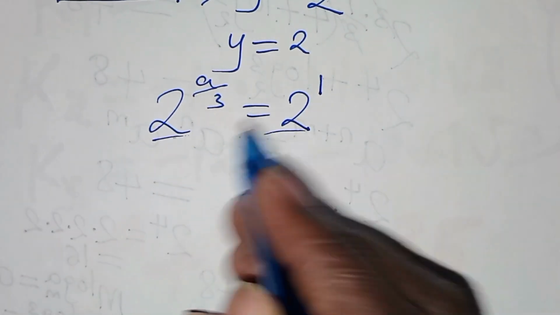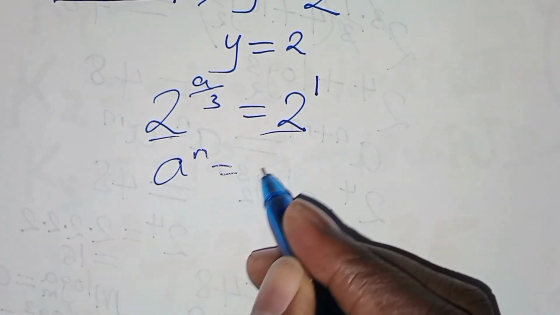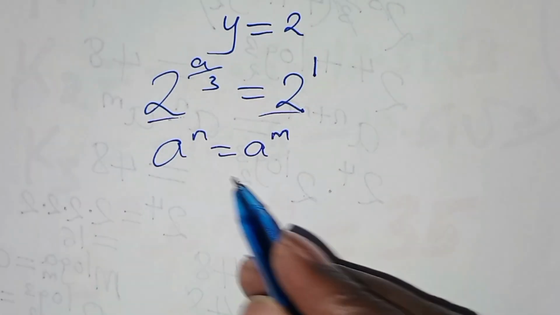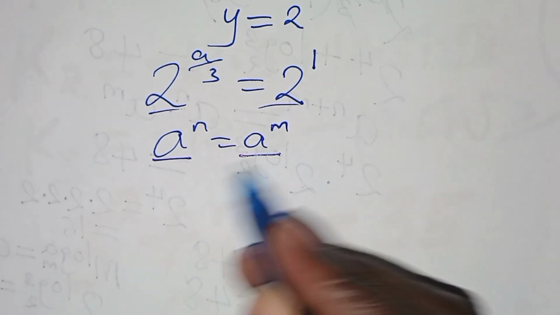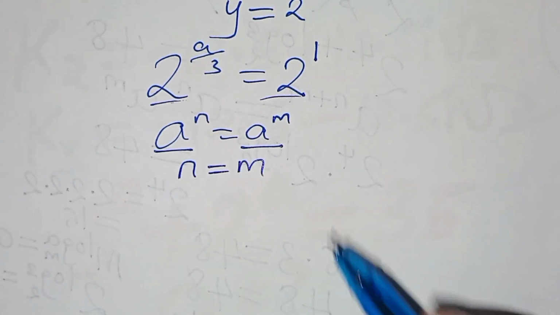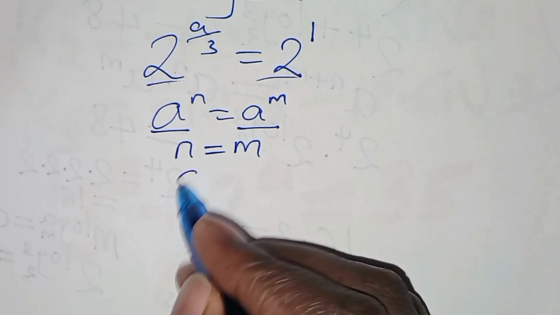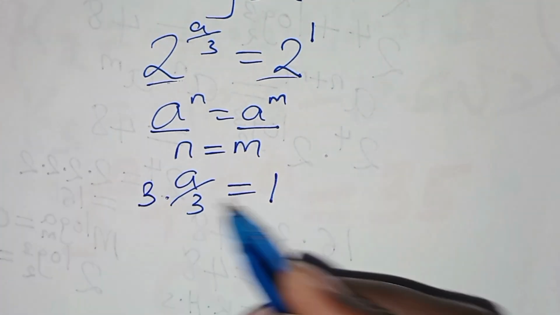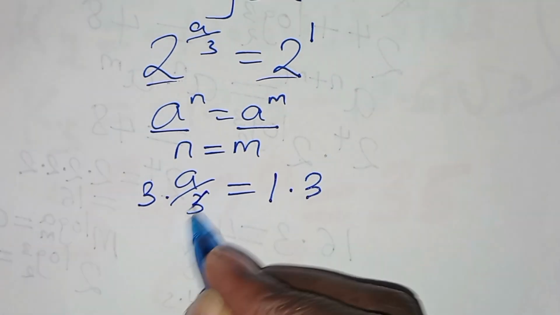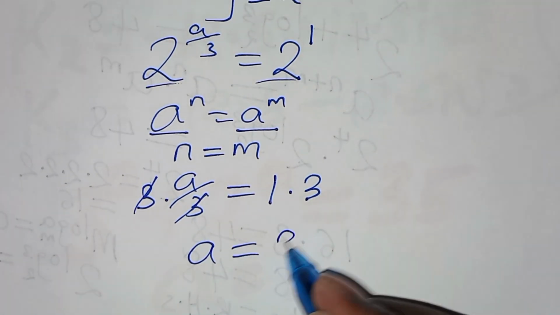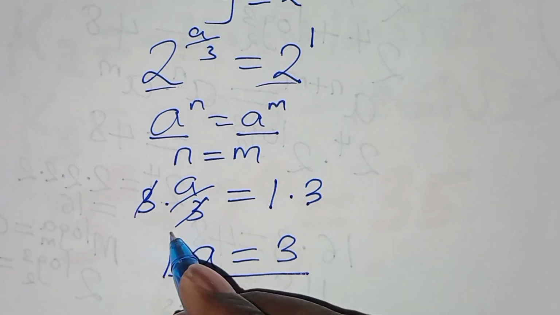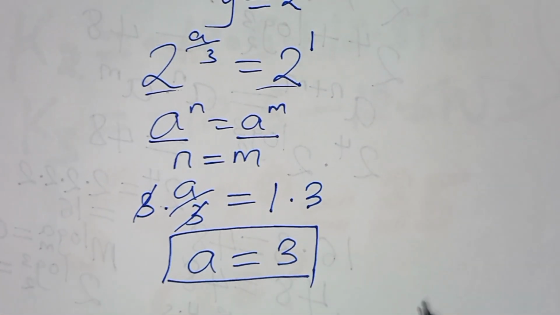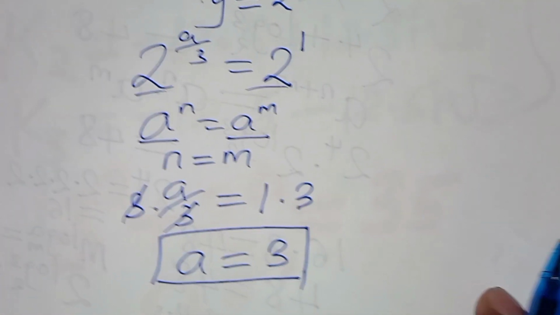Since the bases are common here, the exponent n is equal to m. So this implies that a over 3 is equal to 1. So let's multiply both sides by 3, so that the value of a is equal to 3. So you can see we have that the value of a is equal to 3.